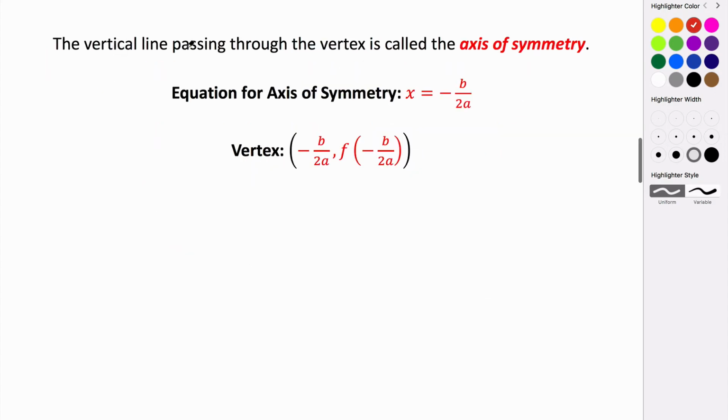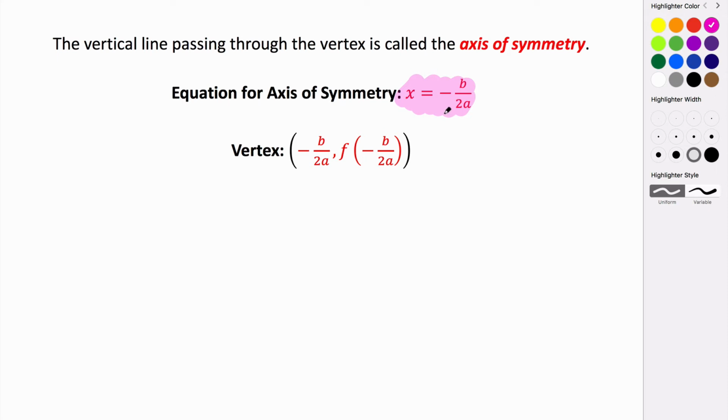All parabolas have a vertical line that goes through their vertex called the axis of symmetry. Parabolas are symmetric about this line, meaning if you were to fold the graph along the axis of symmetry, the right and left side would land perfectly on top of each other. The equation for our axis of symmetry is just the equation of a vertical line, and it's this equation here: x equals negative b over 2a.